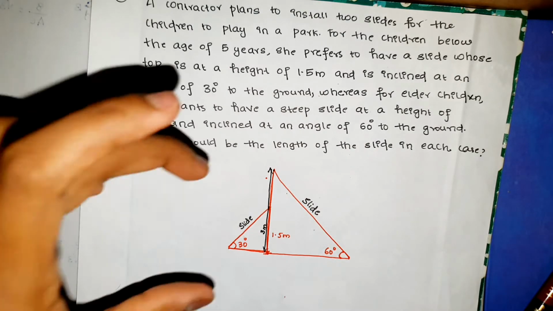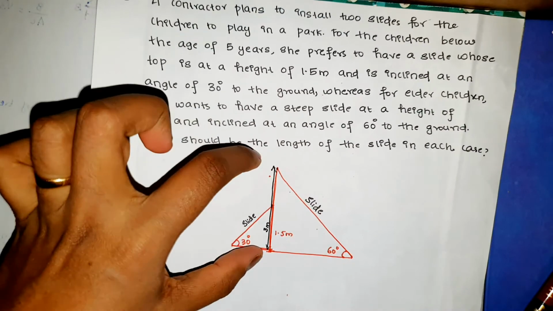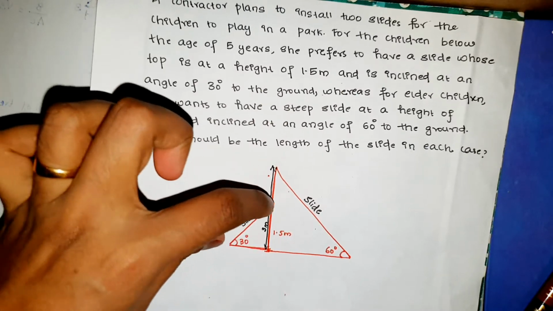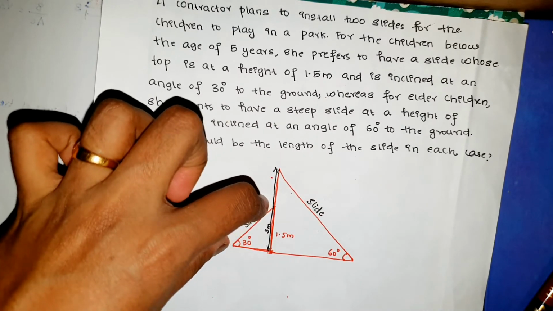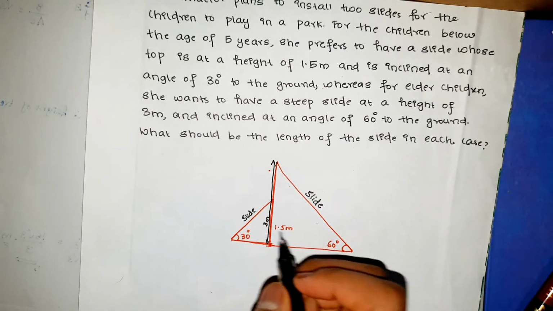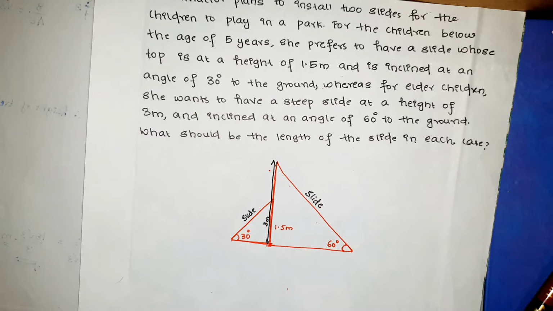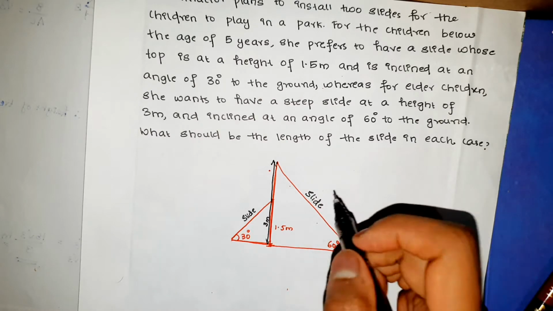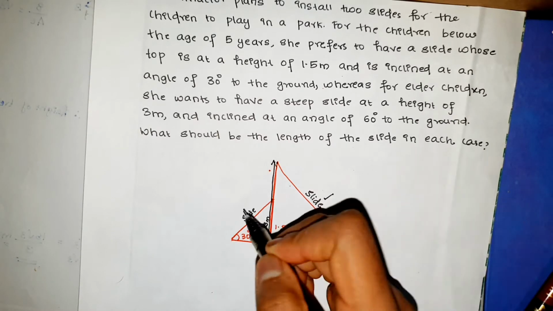This is the height of the big slide, the bigger one, and this is the height of the smaller slide. The bigger one is inclined at 60 degree and the smaller one is inclined at 30 degree. So we have to find this and this.